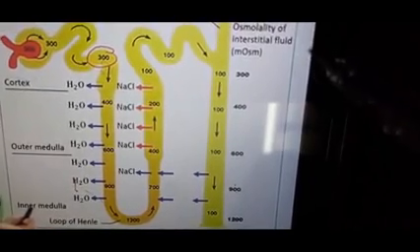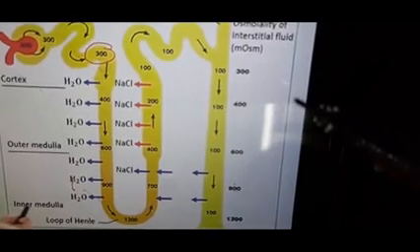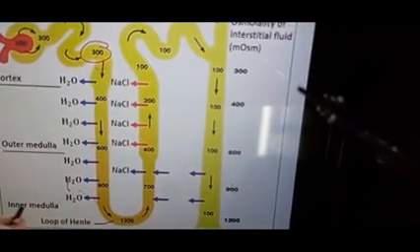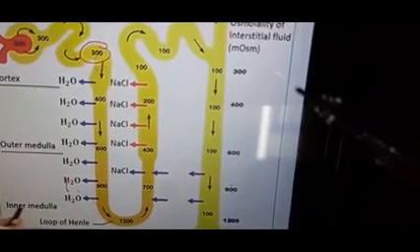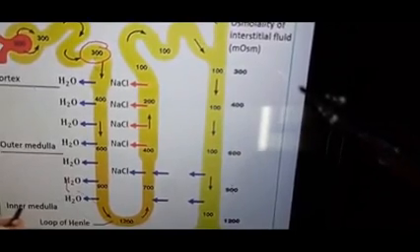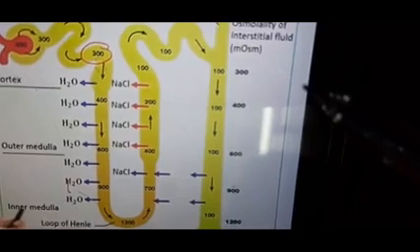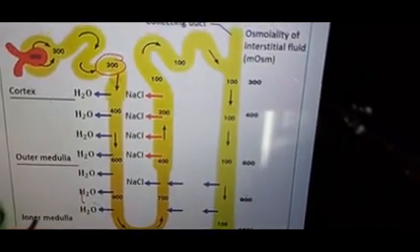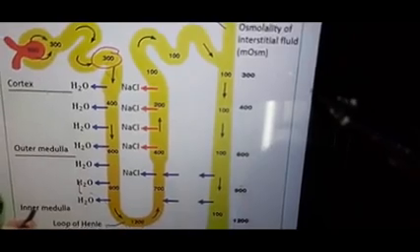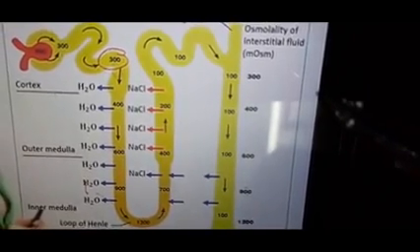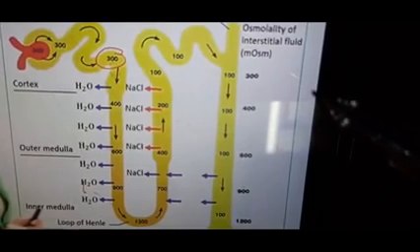And so this system of flowing a liquid in two limbs in opposite directions is termed as counter current mechanism, and this counter current mechanism helps in maintaining the concentration of the urine produced in the kidneys.